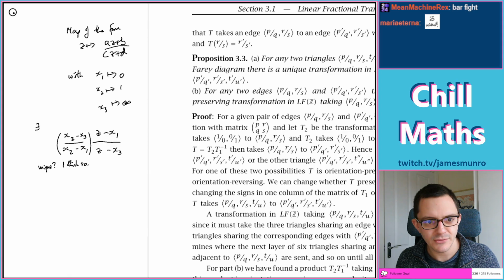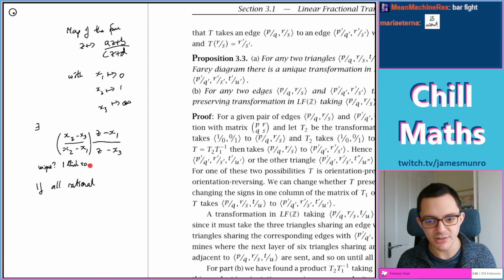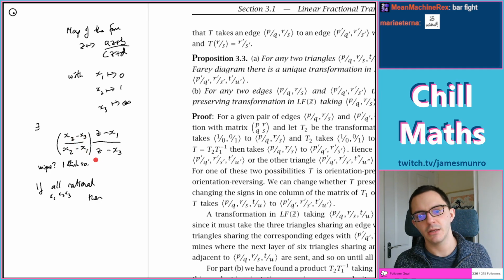So then, if rational, well, I think it's kind of obvious then that if by all I mean x1, x2, x3, if they're all rational, then these numbers are all rational. I guess some subtraction and division, but come on, that's a rational number. So then you've got rational coefficients.